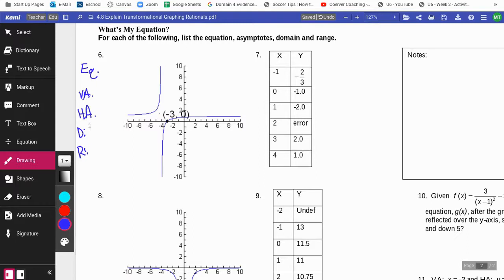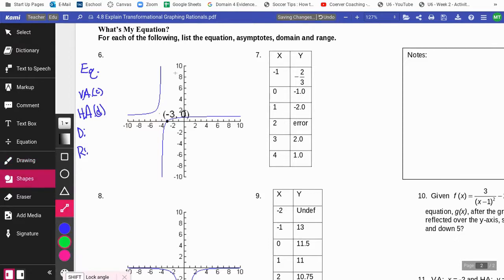That's what's going to help me quite a bit, because remember, the VA is basically the C value and the HA is basically the D value, right? So that's the first thing I'm going to do. I'm going to say, okay, my VA, where does it go? Where does it get vertical? Right here. It looks like it gets vertical right through there, and that's at x equals -4.